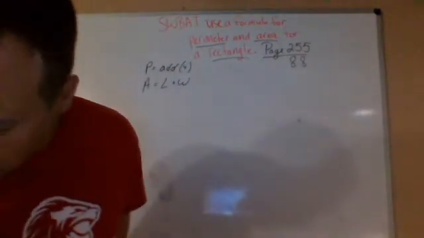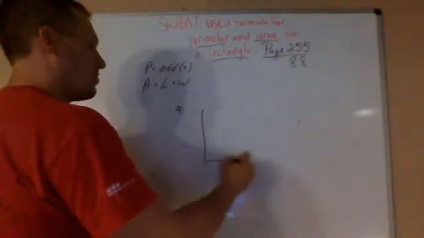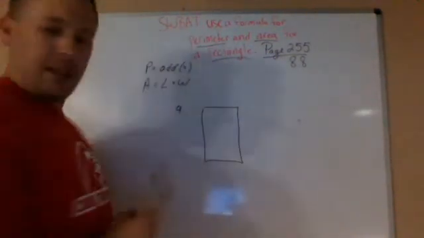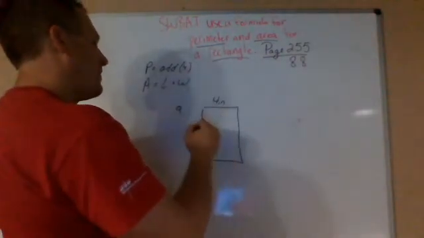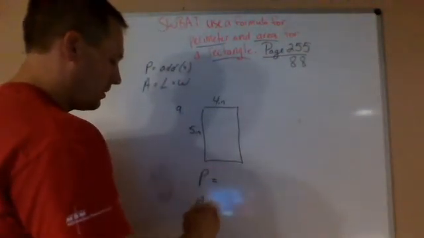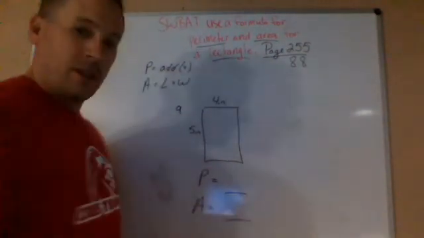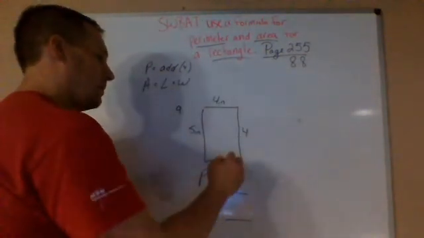All right, so let's do the next one. Okay, ooh, this one might not be so bad. 9. Okay, 9 actually has really nice numbers for you. It's 4 inches and 5 inches. Okay, so perimeter, area. Okay, so perimeter is just you go around and add it all up, right?